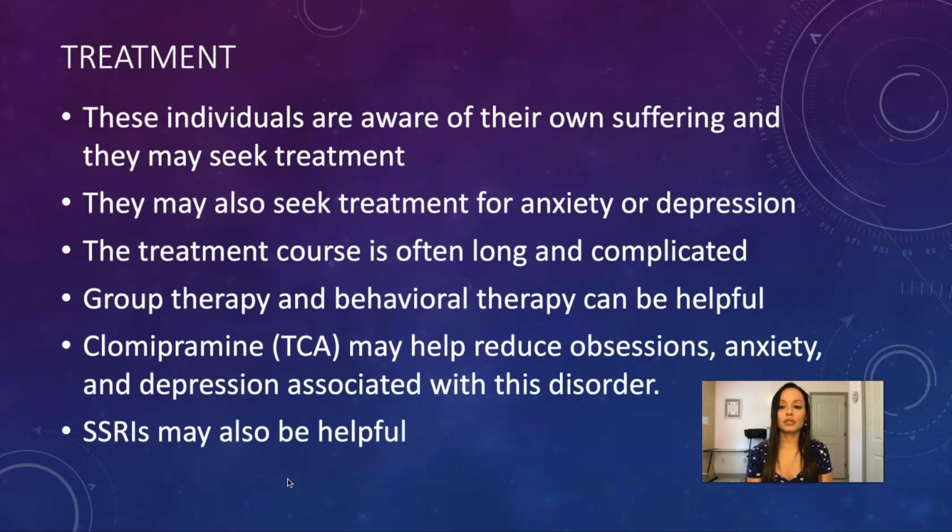Treatment for these individuals: they are often aware of their own suffering and they will seek treatment. They may also seek treatment for anxiety or depression. The treatment course is often long and complicated. Group therapy and behavioral therapy can be helpful. And clomipramine, a TCA, may help reduce obsessions, anxiety, and depression associated with this disorder, and SSRIs may also be helpful. But remember that tricyclic antidepressants are highly lethal.